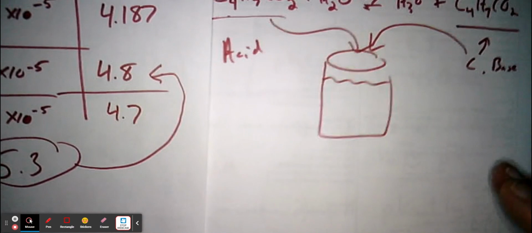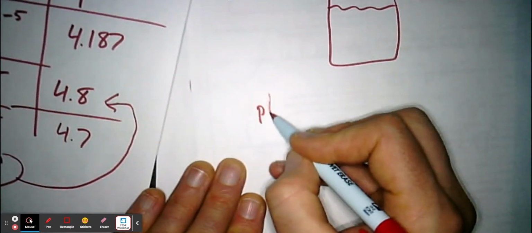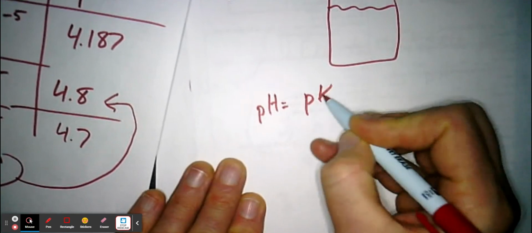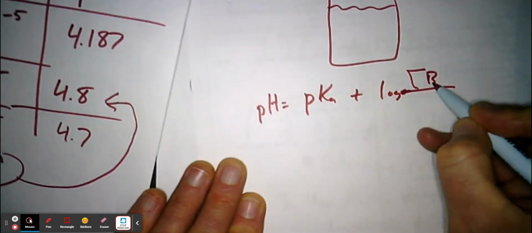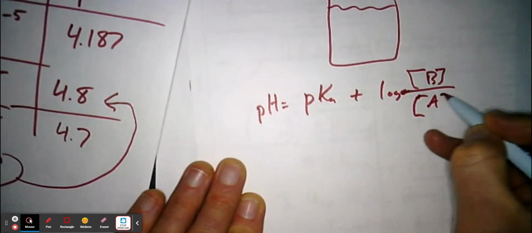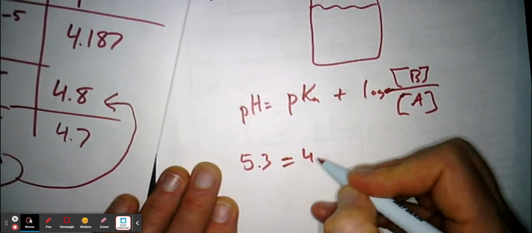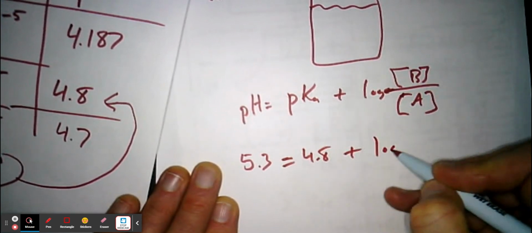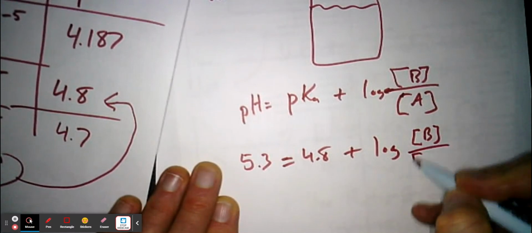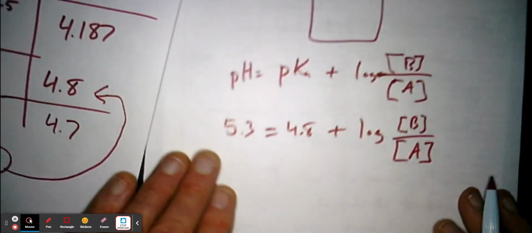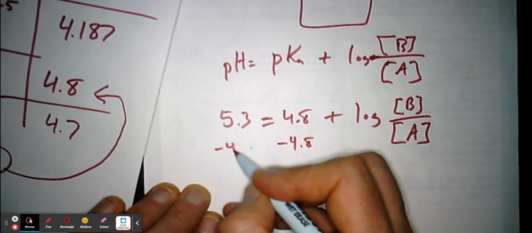Now, I'm going to plug this into the Henderson-Hasselbalch equation, where pH is pKa plus the log of the base-acid ratio. So 5.3 equals 4.8 plus log of the ratio. All right? So then I subtract this from both sides.